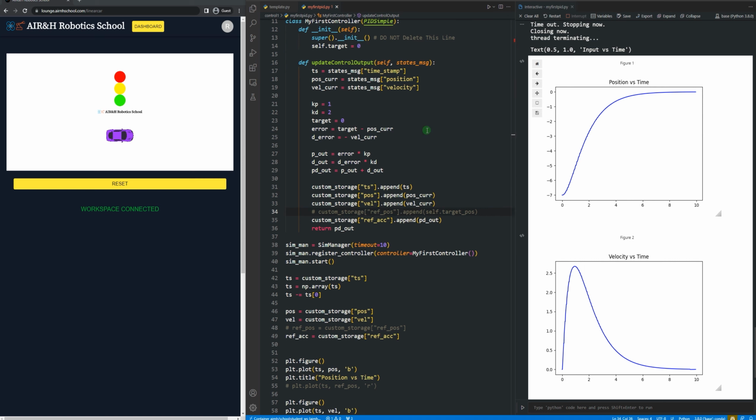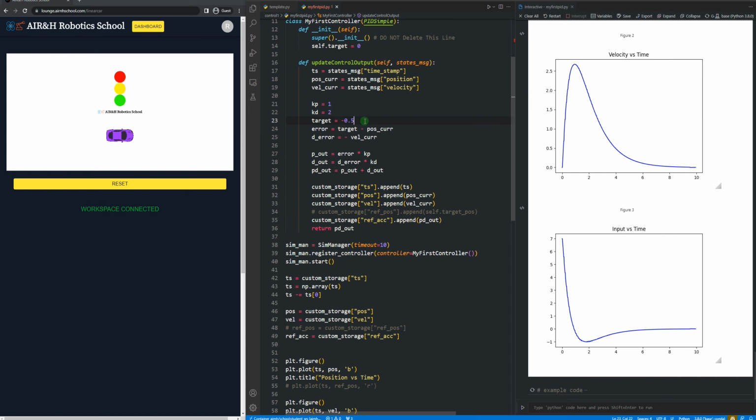But just to make it a more fun example, say this is kind of like half of the car has passed. So let me make the target position, I don't know, -0.5 with this same KD and KP. The graph is right, but in the simulation half of the car has passed the traffic light. So let's just make the target value -0.5.